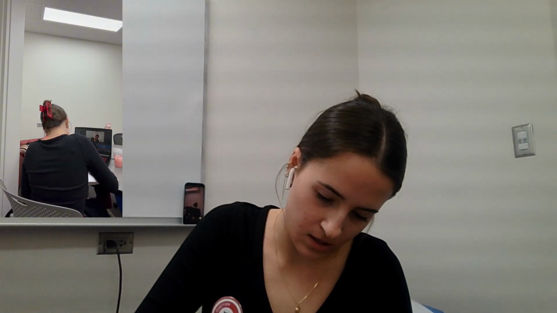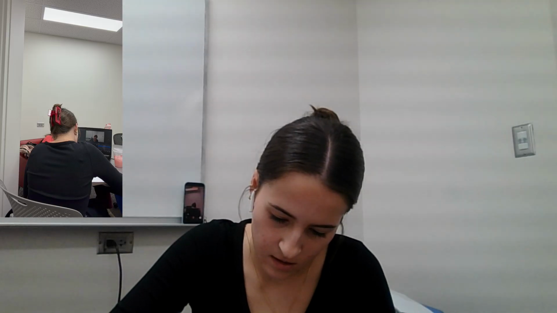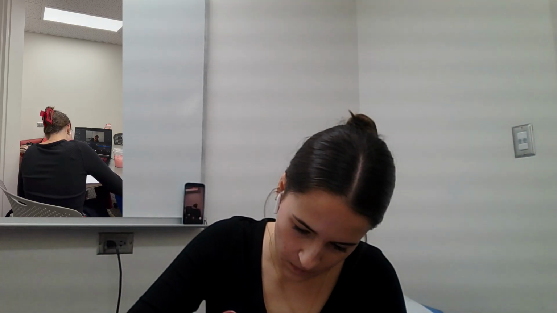So the flux is going to be going from the perfectly insulated side to the air side, because we go from areas of higher heat or higher energy to areas of lower heat or lower energy. So the flux is going to go from the insulated side to the air side. If we wanted to look at the heat diffusion equation that we just derived earlier, we're only going to be looking at the x direction because we're doing one-dimensional analysis right now.